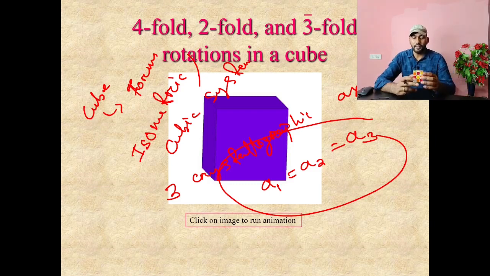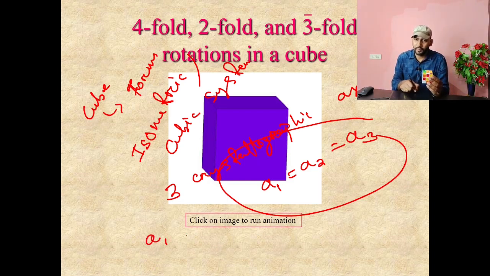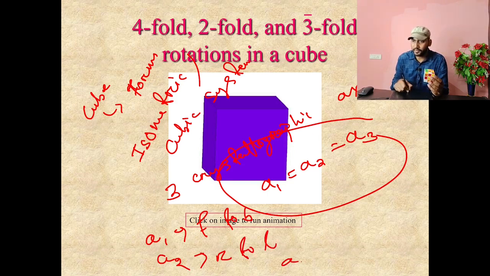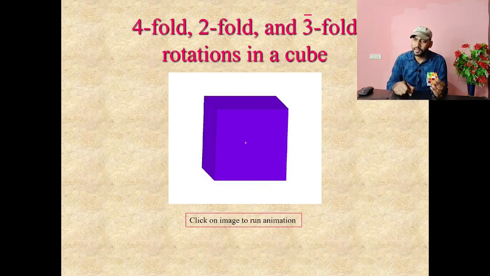As we know, A1 is front to back, A2 is right to left, and A3 is top to bottom. So A1 is front to back like this.